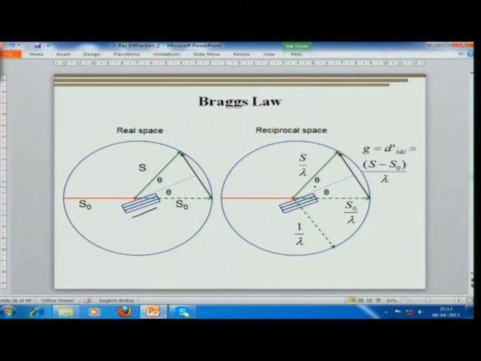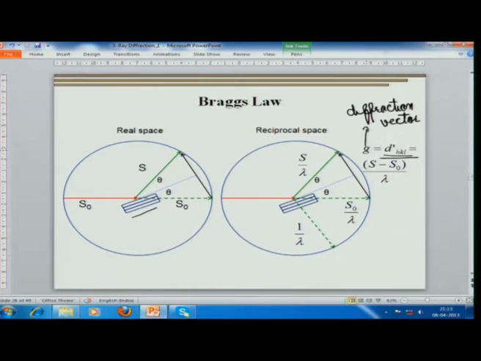Here we see the incident wave is nothing but S0 by lambda, while the diffracted one is S over lambda, and this leads to a path difference which is equal to the interplanar spacing shown over here, and this leads to the diffraction vector G. Therefore, it can be defined as G equal to d prime HKL, which is given by S minus S0 over lambda.